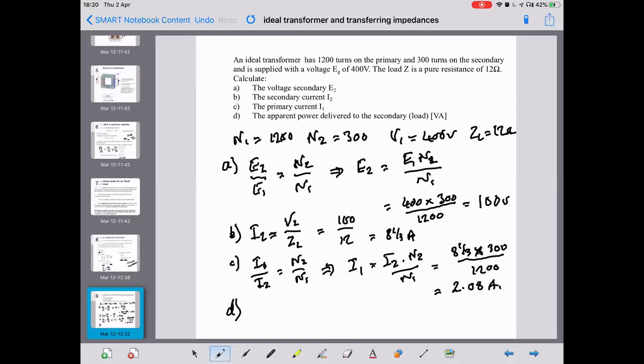Right, apparent power delivered to the load. So we want S2. Remember, S is measured in volt amperes. Any ideas?